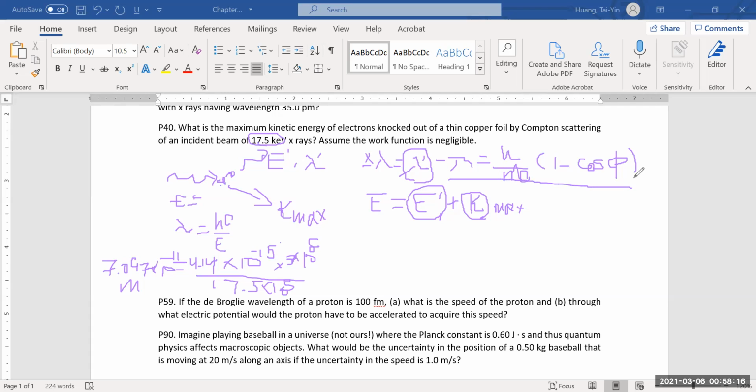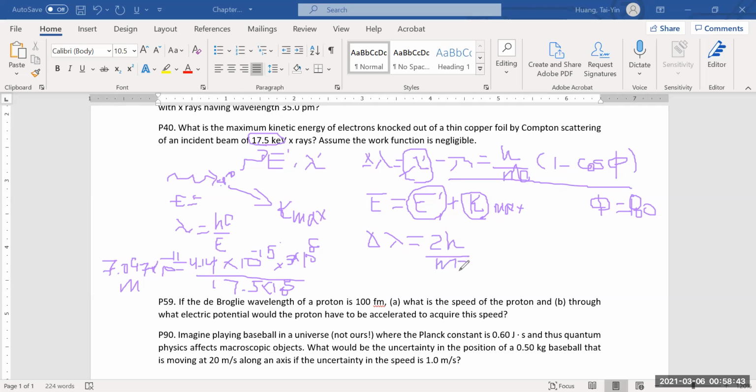Using this equation, we know that when phi is equal to 180 degrees, that will give us the maximum lambda prime. That is the condition we're going to use. When this is 180, you have negative 1, that becomes 2, meaning that your delta lambda is equal to 2h over mc.